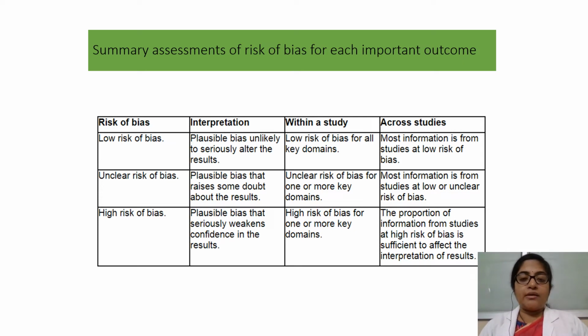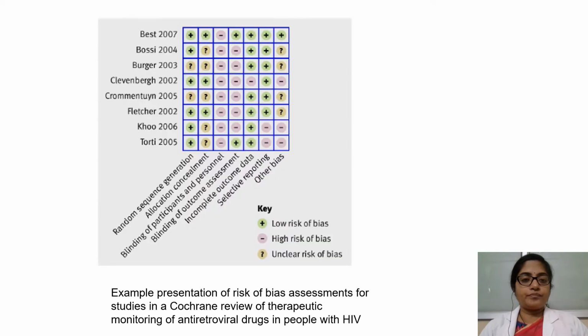Unclear bias is that which raises some doubt about the results, and high risk of bias is the one that seriously weakens the confidence in the results. So this is how we have to interpret the findings, and this is a very important table in terms of risk of bias assessment.